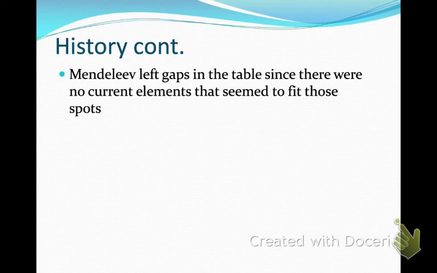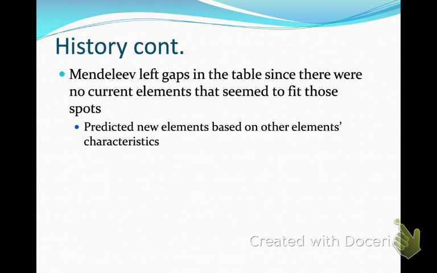So he was so smart to not only know how these elements should be grouped, but he also understood that there's probably elements out there we haven't discovered that will fit in the gaps he left in his table. He just had a good idea of what was happening with all of these elements and their patterns, but he just didn't have the power to discover all of them yet.